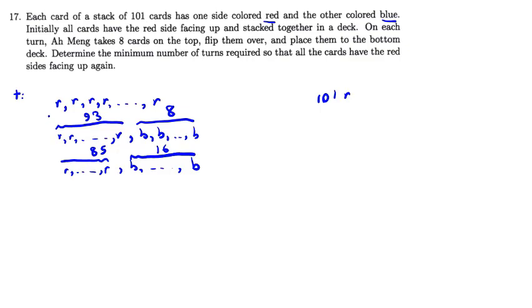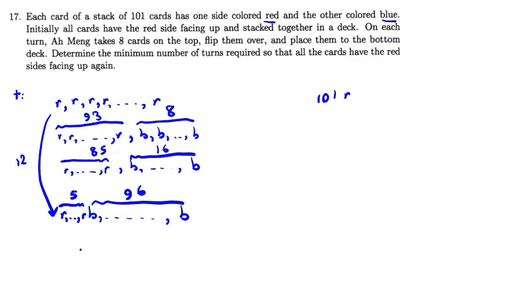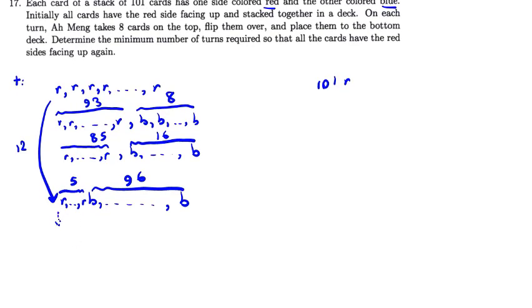If you write down after 12 steps, because 12 times 8 is still less than 101, so you have 8 times 12, 96B. And how many R do we have? We have 5 R's. Then you do what? You change, because it is not one step, half a step.